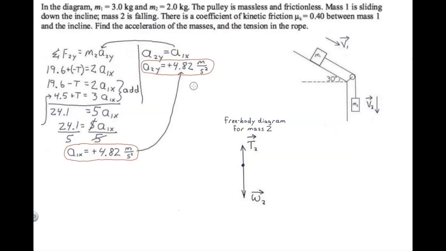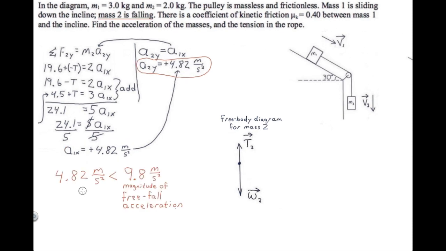Does our result for the magnitude of the acceleration make sense? In this problem, it's interesting to compare our result for the magnitude of the acceleration with 9.8 meters per second squared, which is the magnitude of free fall acceleration. Does it make sense that our result is less than 9.8 meters per second squared?